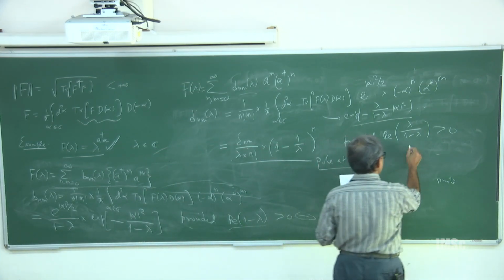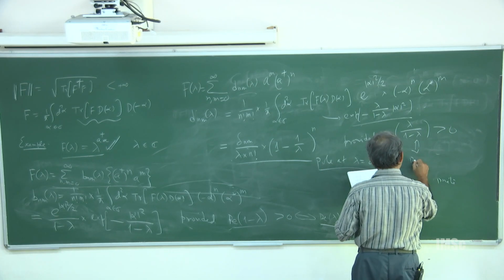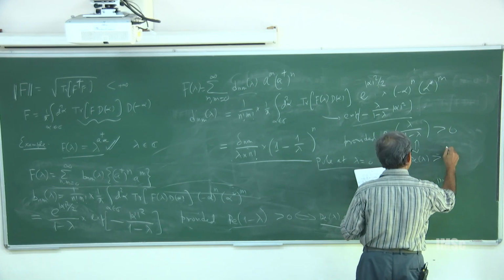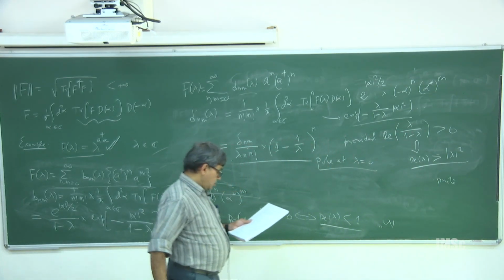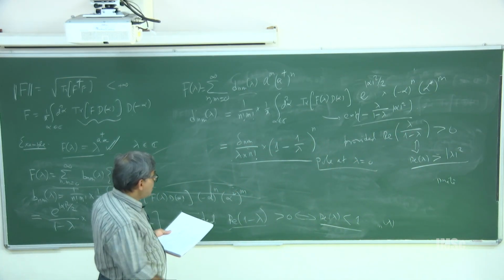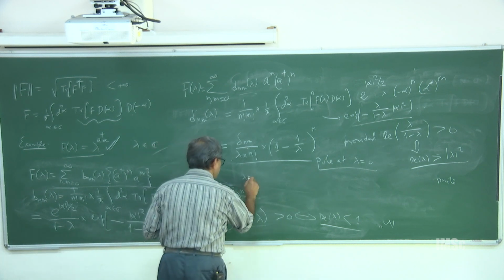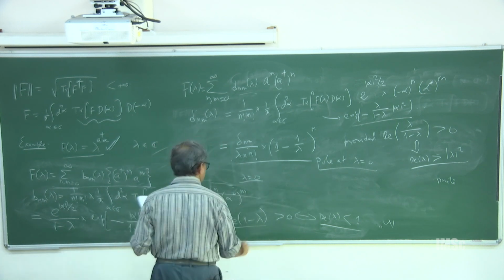Basically it tells you that this is equivalent to the real part of lambda being greater than mod lambda square. Okay. So now if you look at lambda equal to 0, what is your f lambda?